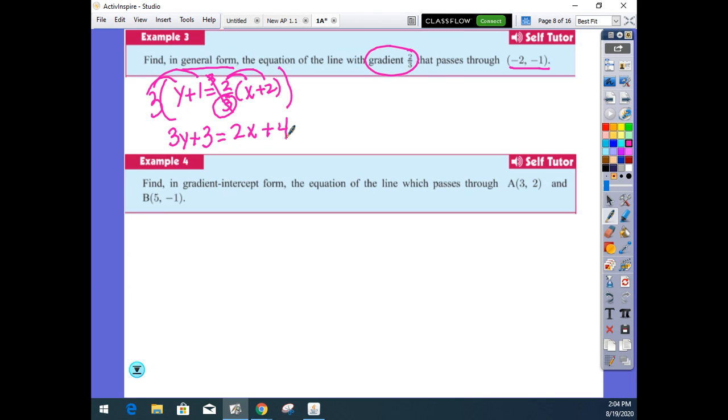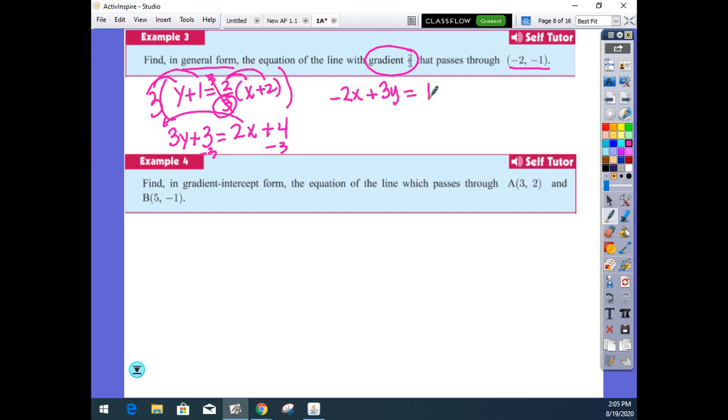General form means x and y on the same side, so I'm going to move my x to this side, so it becomes negative. The 3y did not move, so it stays positive. And I'm going to subtract 3 to move it over to be with the 4, so that's going to give me 1.